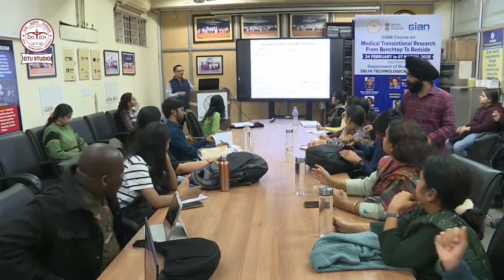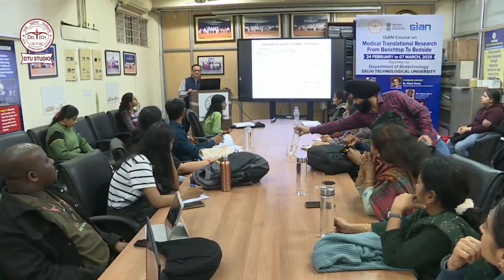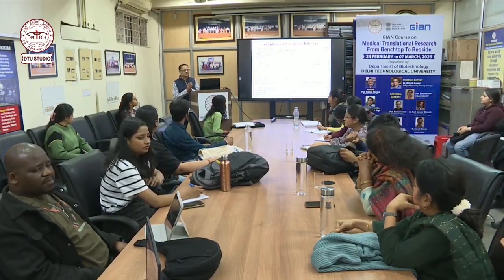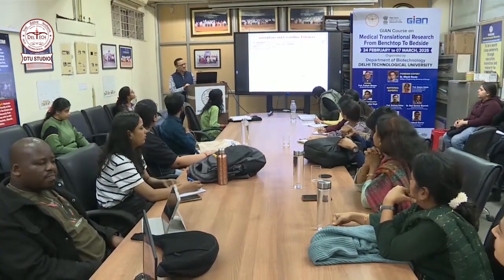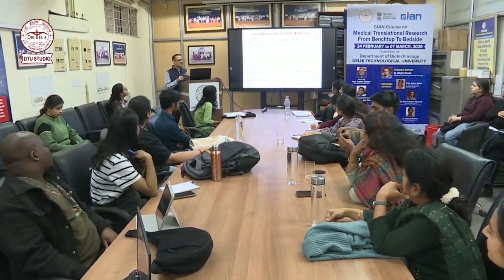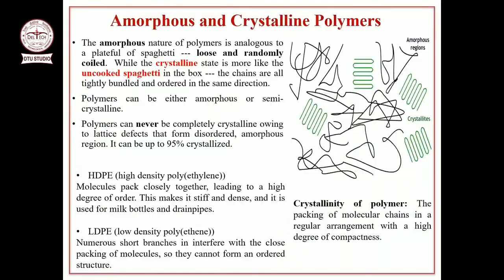I see at least 4 or 5 new faces now. We had started talking about how polymers can have amorphous regions and crystalline regions. A polymer can be completely amorphous or semi-crystalline, but not completely crystalline, right?